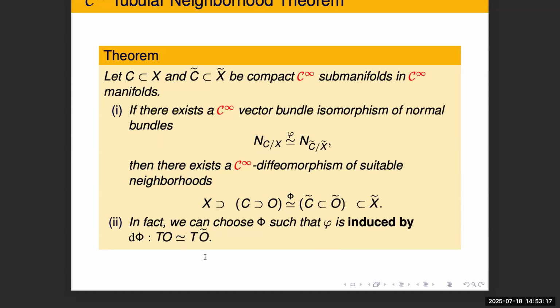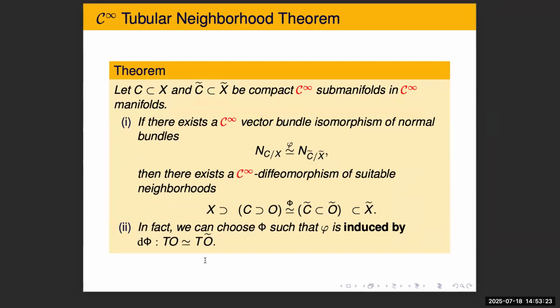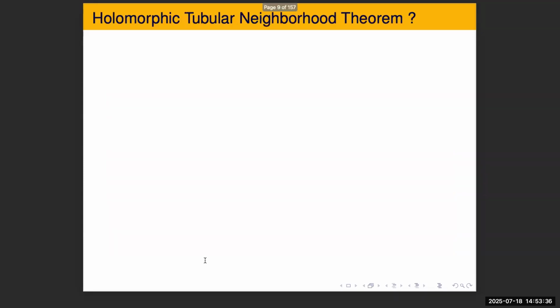That is the statement of the tubular neighborhood theorem, and this is not too difficult to prove. It's one of the basic results, and you can find it in textbooks in differential topology. And then people asked whether this holds in the holomorphic category. So is there a holomorphic tubular neighborhood theorem? That is the question.